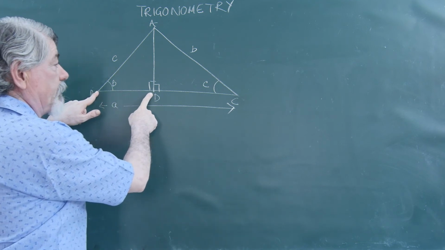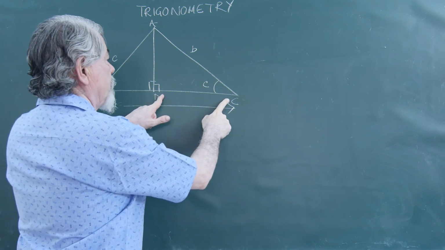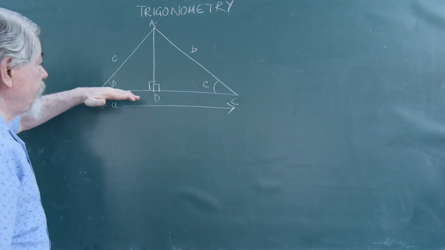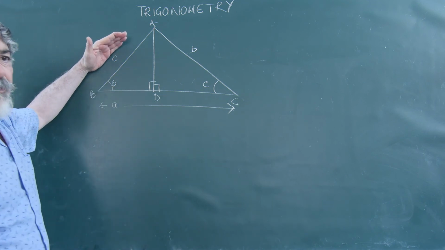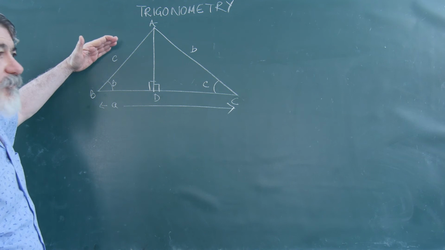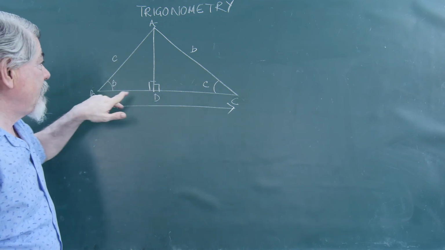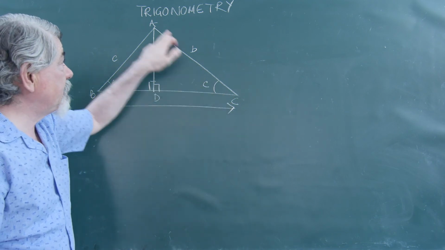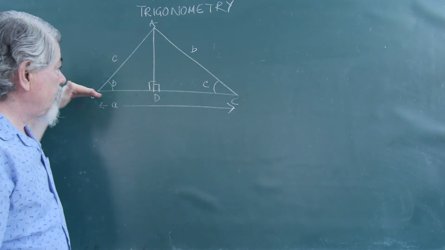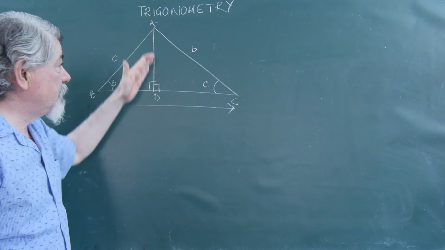Actually BD is the projection. If you have a little knowledge of vectors, then BA's projection on line BC is BD, and CA's projection on line BC is DC.